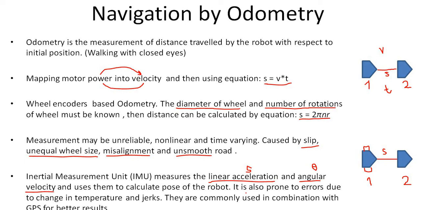So it can also give false measurements. These kinds of sensors are commonly used in combination with GPS for better results, and sometimes they also have an integrated electronic compass to further improve the results.